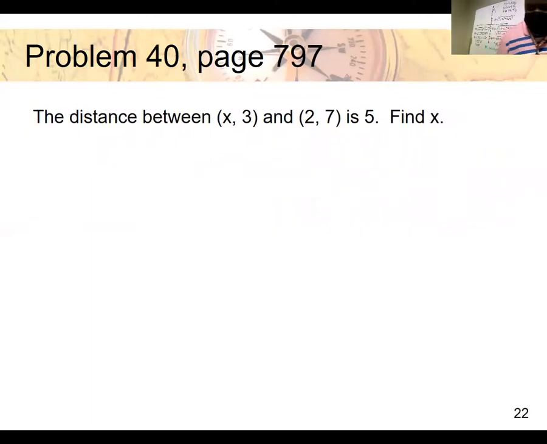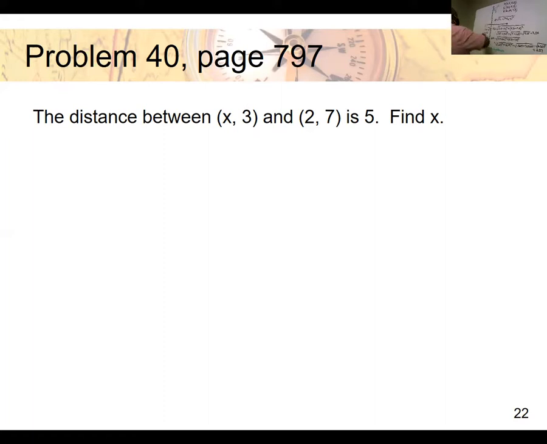Okay, let's look at this one and then we'll talk about the standard equation of a circle. All right, the distance between x, 3 and 2, 7 is 5. Here we want to find x.